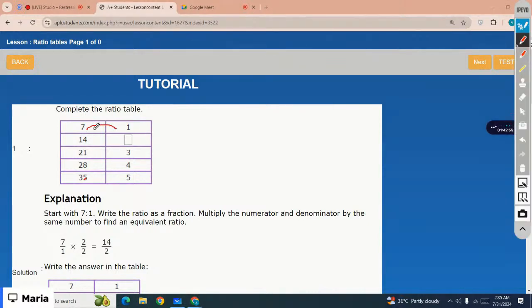So 1 times 7 is 7, and 14, and the missing number. You have to divide these numbers by 7. 7 times 1 is 7, 14 divided by 7 is 2.